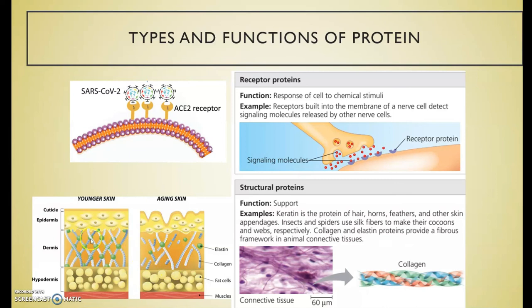So, from an ordered structure, okay, of these proteins from the younger skin, it becomes a disordered structure. So, ano mapapansin natin? Kaya nangungulubot ang mga skin is because collagen and elastins are now disordered in the case of skins of adults or older people.